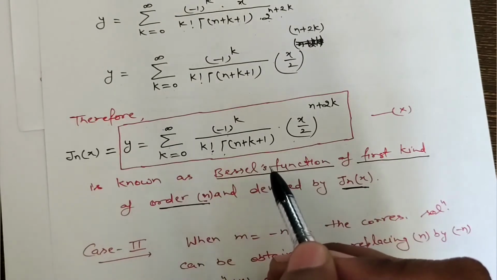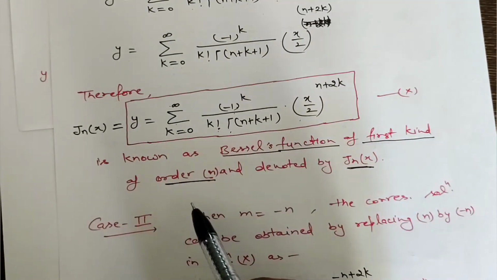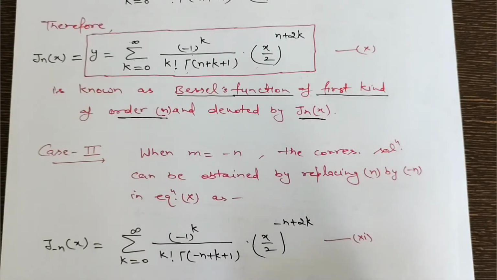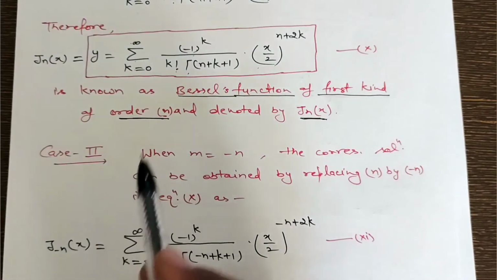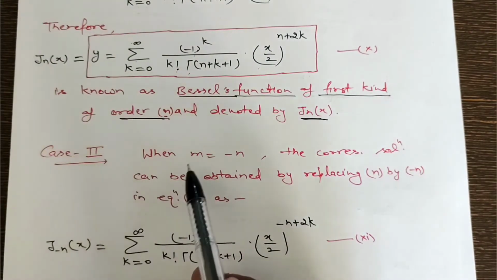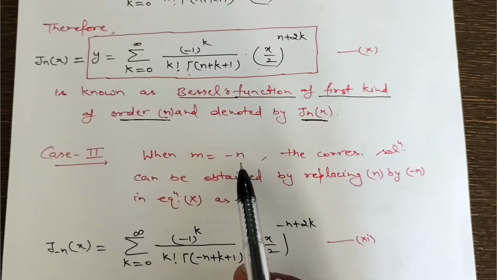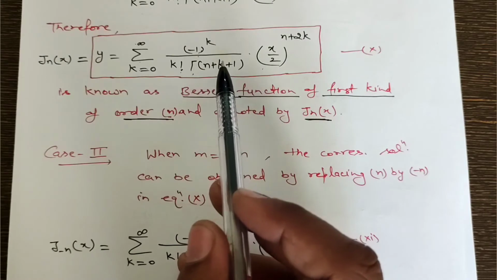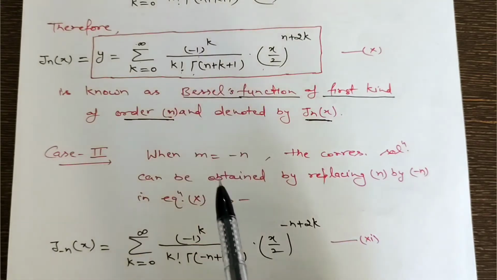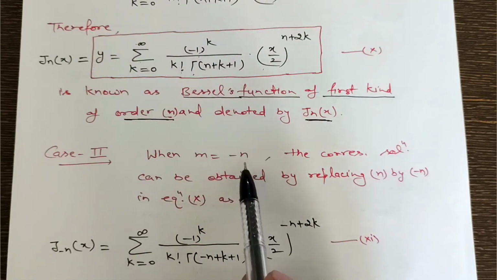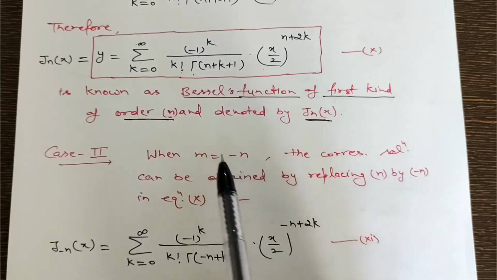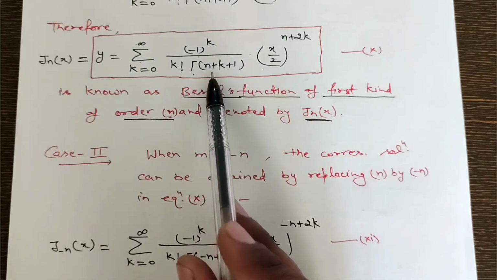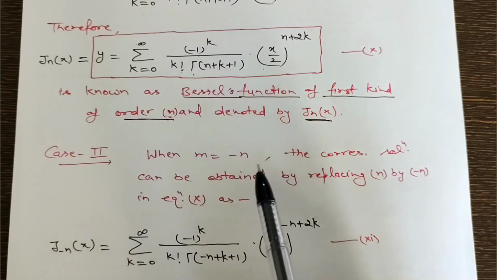In the next step, we can solve this for the second case, that is when m equals minus n. So this is the Bessel function of first kind of order n for m equals n, and for m equals minus n we can simply replace this n in the earlier solution by minus n.